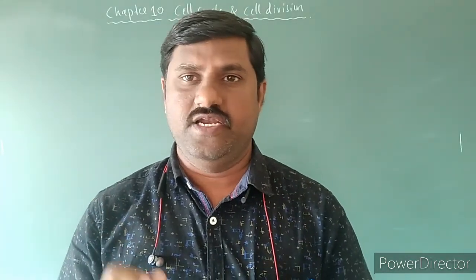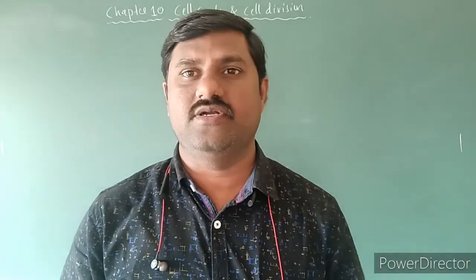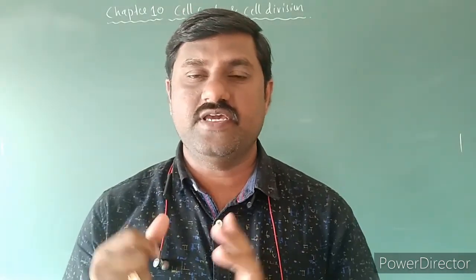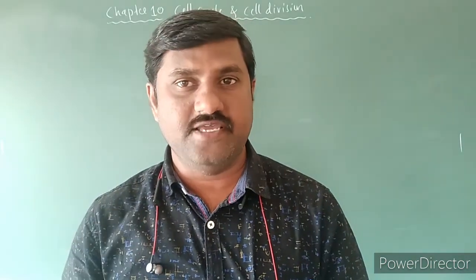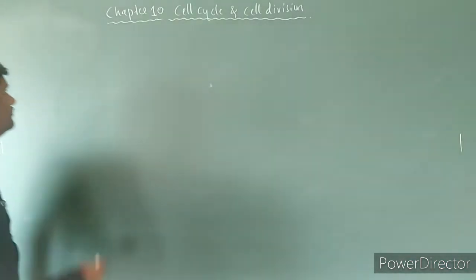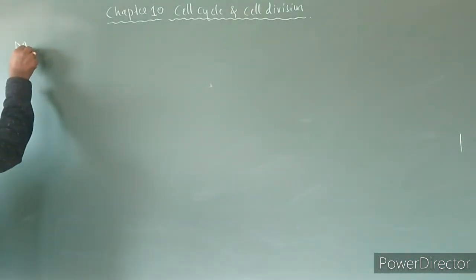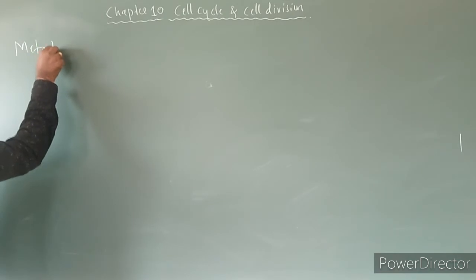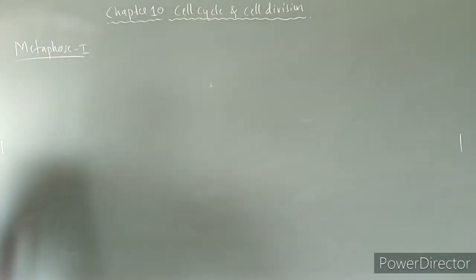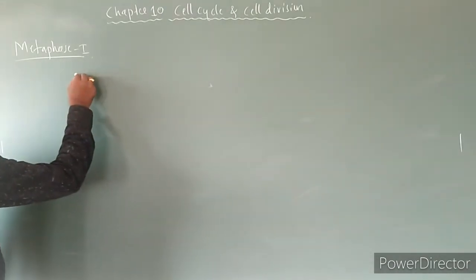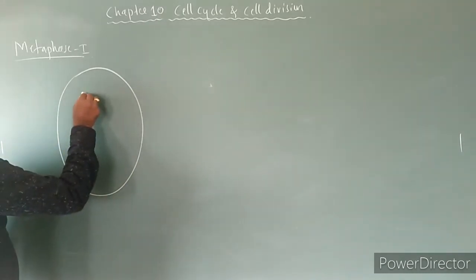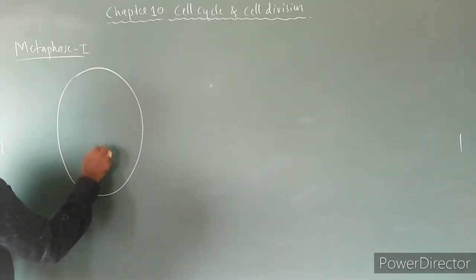It is similar to mitotic cell division itself, but we come across a little bit of change here. So what is that change? Let us study now. Metaphase 1. If this is the animal cell, then disintegration of the nuclear membrane has taken place.